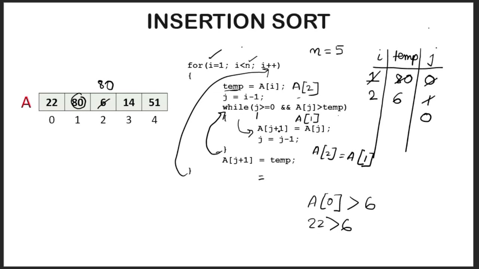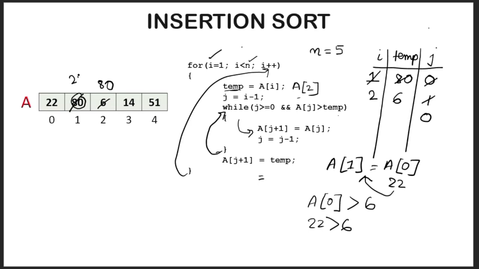So we will again enter the while loop. In the while loop, what we have? A of j plus 1. So A of 1 is equal to A of j, that is 0. So what is A of 0? 22. So 22 is assigned to A of 1.